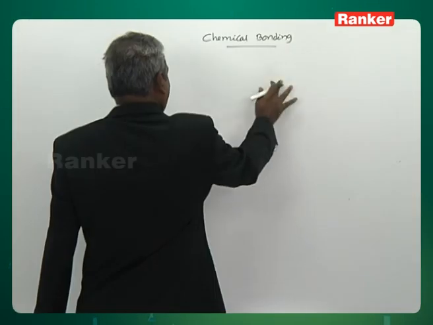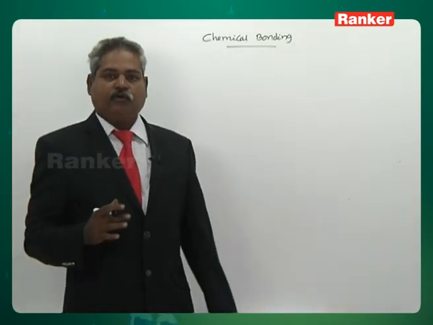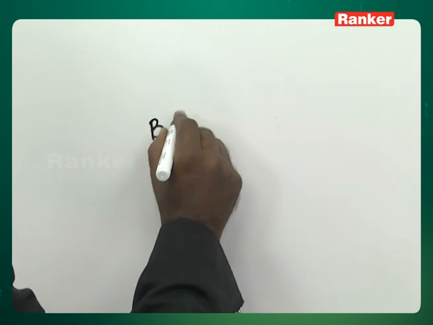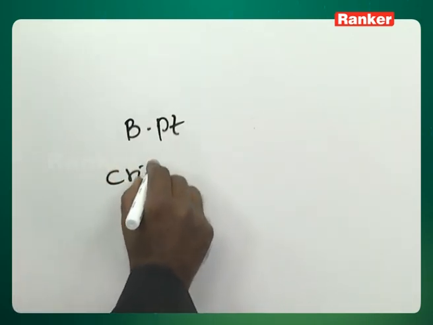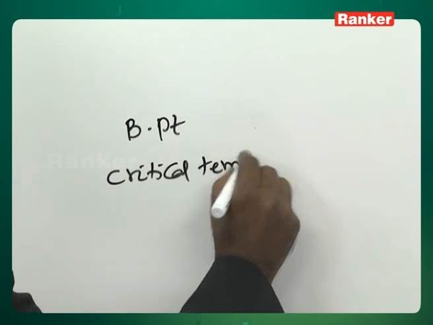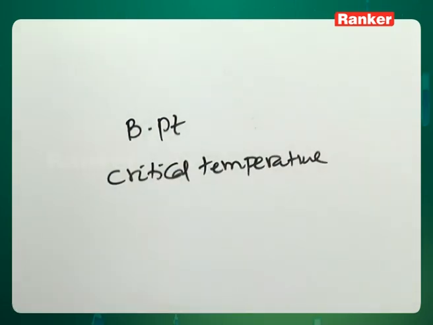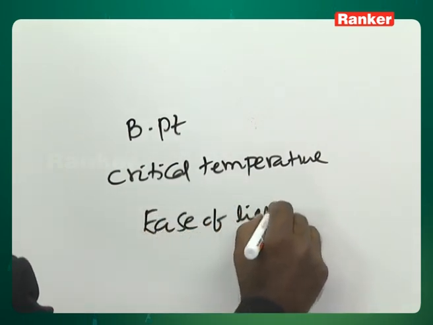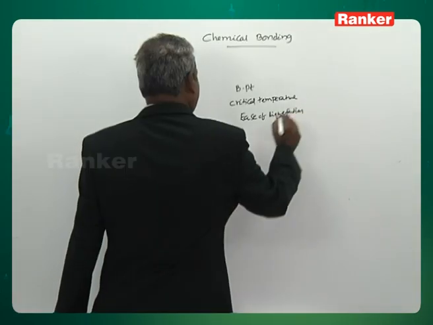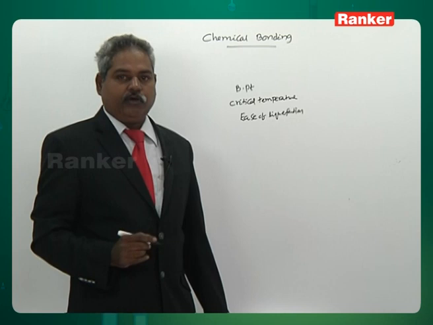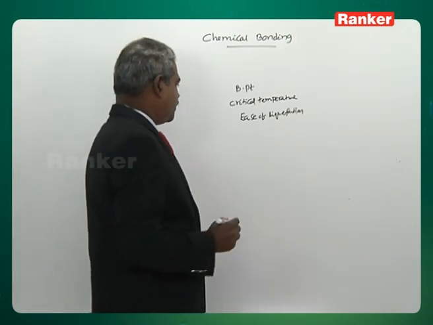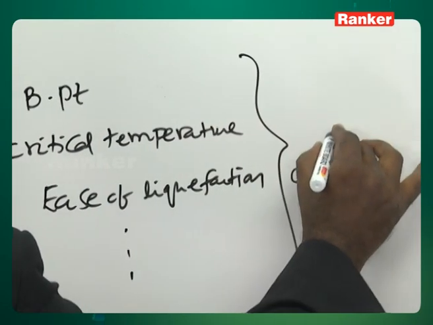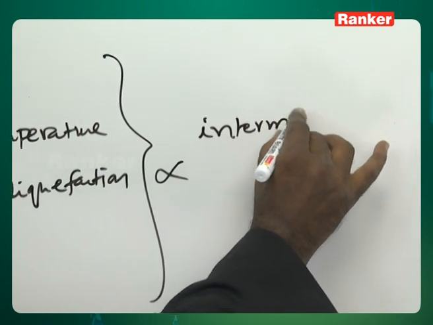Now, how to decide boiling points of all substances? There are so many factors like boiling point, critical temperature, which you learn in different topics, ease of liquefaction, how easily you can liquefy something, ease of adsorption, there are many things which are directly proportional to intermolecular forces of attraction.